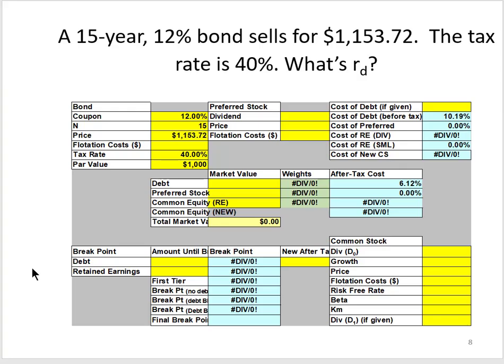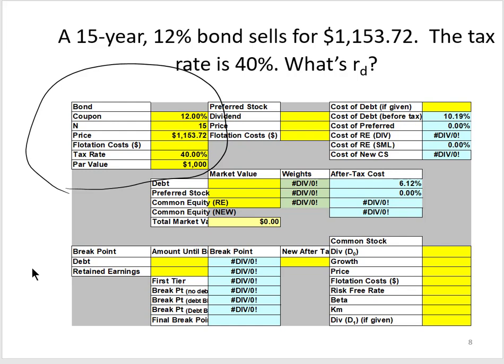So let's look at the last part, the yield aspect. So this is the weighted average cost of capital workbook, the WACC worksheet. And we're going to start working with debt. So what do we need to know? The same things we needed to know with respect to finding the value of debt and the yield to maturity.